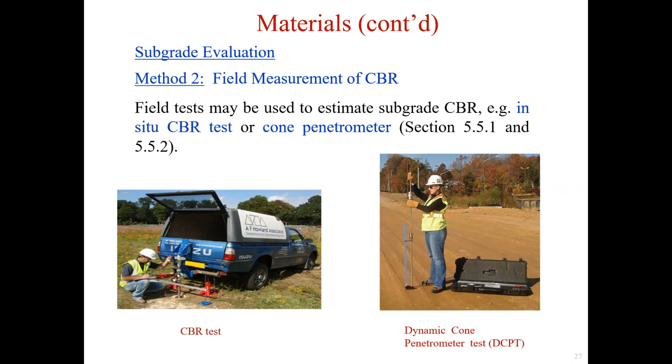Alternatively, a profile of equivalent in situ CBR can be measured using the dynamic cone penetrometer. It is normally used to determine underlying soil strength by measuring the penetration of the device into the soil after each hammer blow.